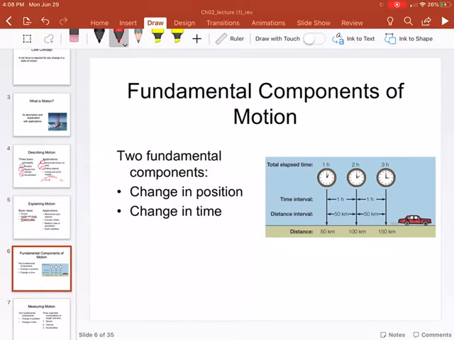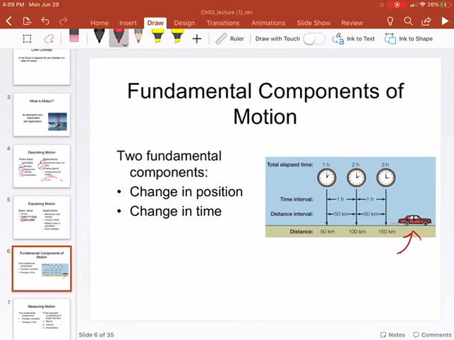Okay, so let's go on to this fundamental components of motion. All right, so there's two fundamental components. First off, there has to be a change in position. So, like, take this car, for example. That car is moving. How would you know that it's moving if it didn't have anything behind it? So think about when somebody's running or a car is driving, you can usually tell that it's moving because you can see things behind it that are not moving, right?